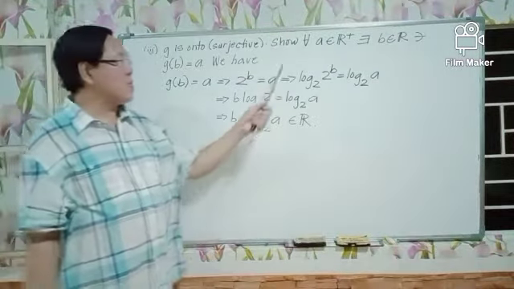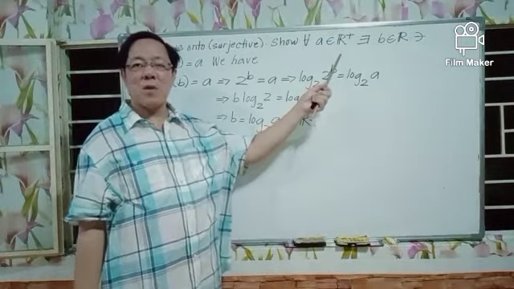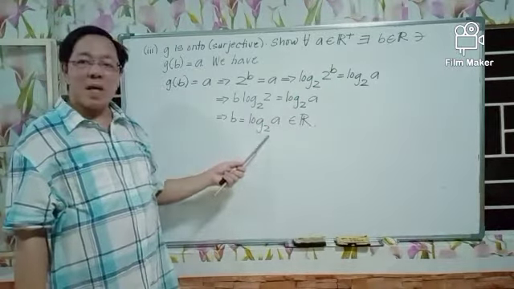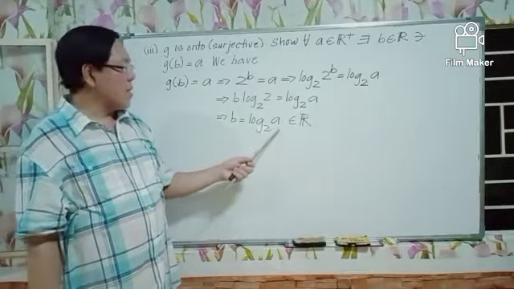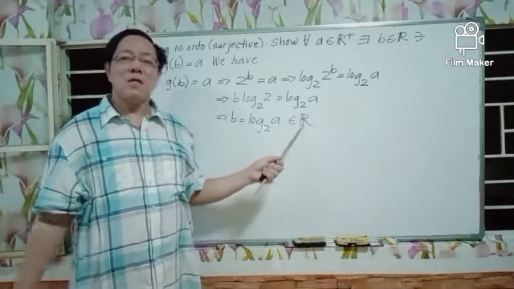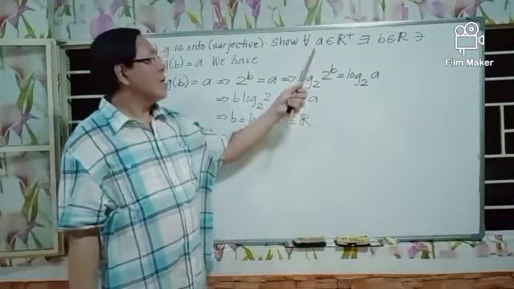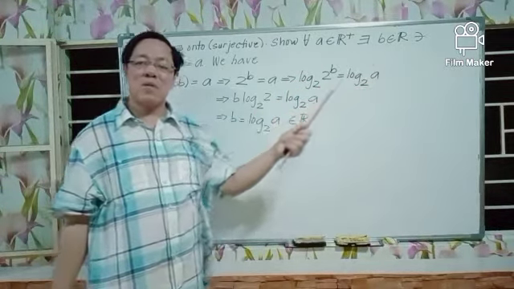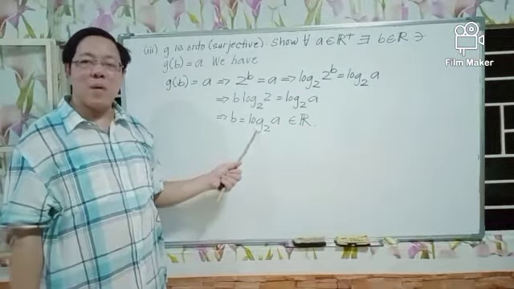Now, a is a positive real number because we take it as an element of R plus. And because it is a positive real number, the logarithm to base 2 of a exists, and it must be a real number, an element of the set of real numbers R. Therefore, we have shown that for every positive real number a, there exists a real number b, element of R, and b is given by logarithm to base 2 of a.